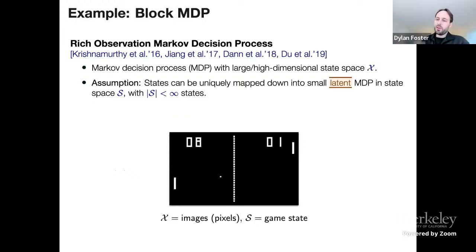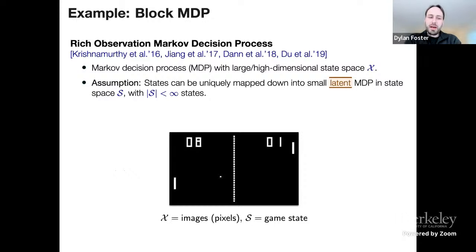The motivation being, if we're trying to play a game like Atari, our states might be images of the game, which we can represent as raw pixels. And these are very high dimensional. But the underlying game state, like the coordinates of our paddle if we're playing Pong, is pretty simple and low dimensional by comparison.